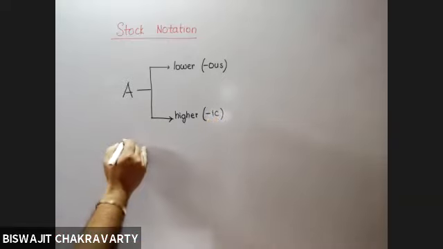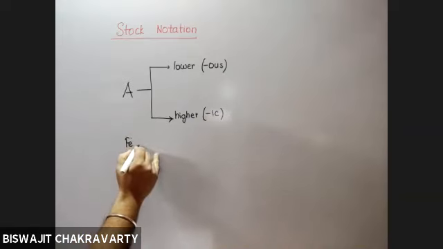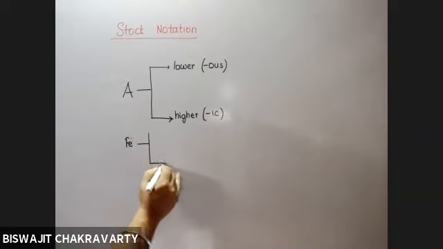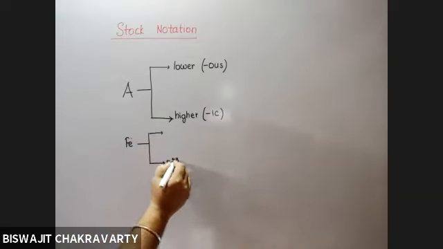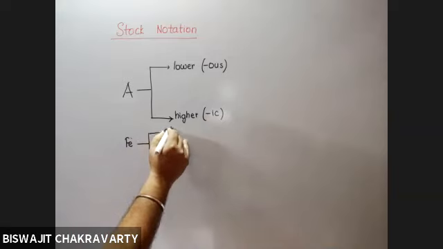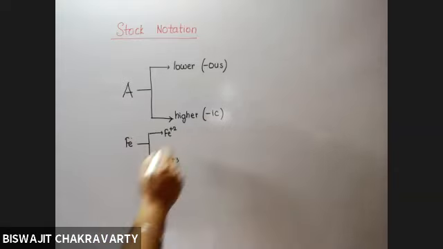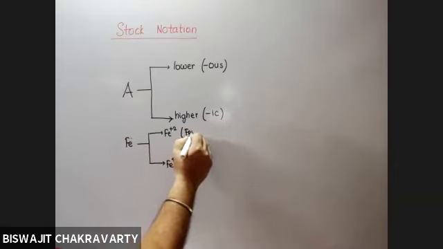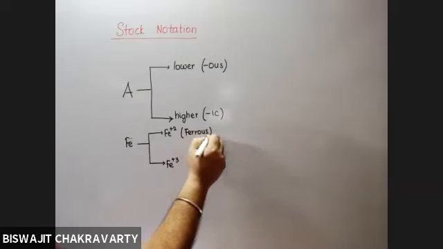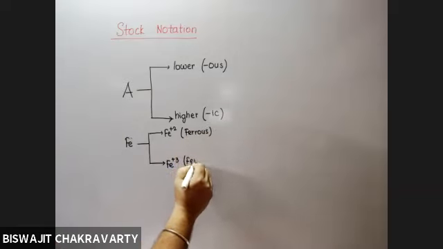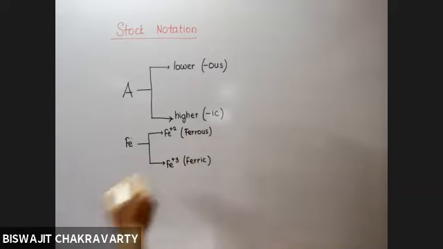Say for example, Fe is the element and higher oxidation state of iron is Fe plus 3, lower oxidation state is Fe plus 2. Now when iron is in plus 2 oxidation state, it will be called ferrous, and when it is in higher oxidation state, it will be called ferric.